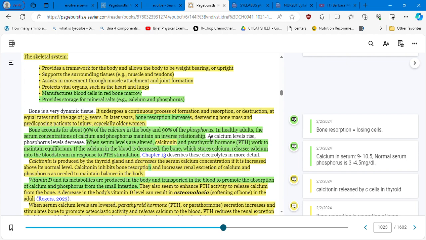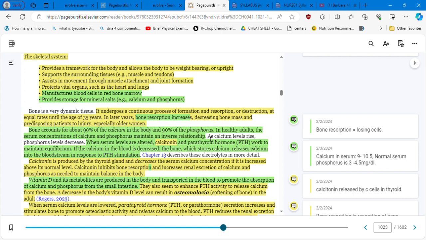So we are talking about two different areas. We are talking about the bone composition, which is 99% calcium and 90% phosphorus. And the serum component is when these minerals are entering the bloodstream. The inverse relationship is in the serum, not in the bone.